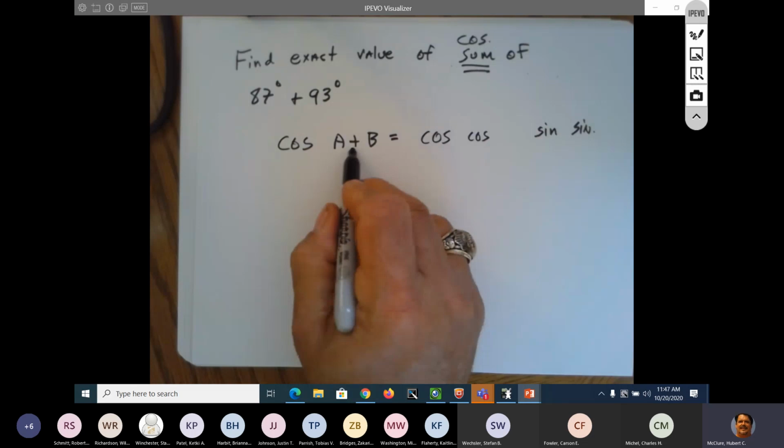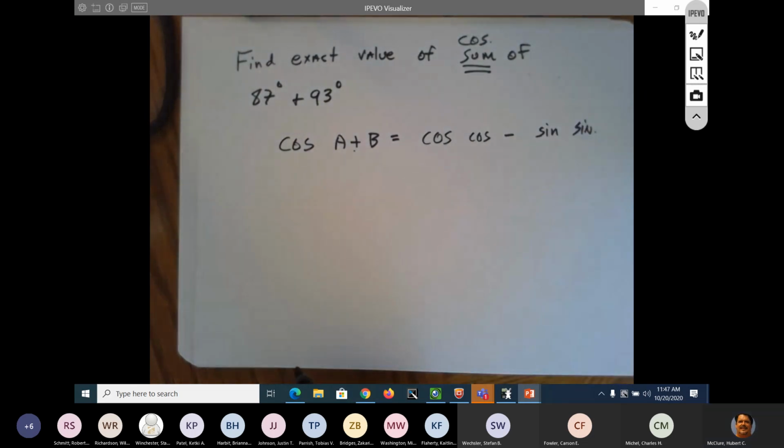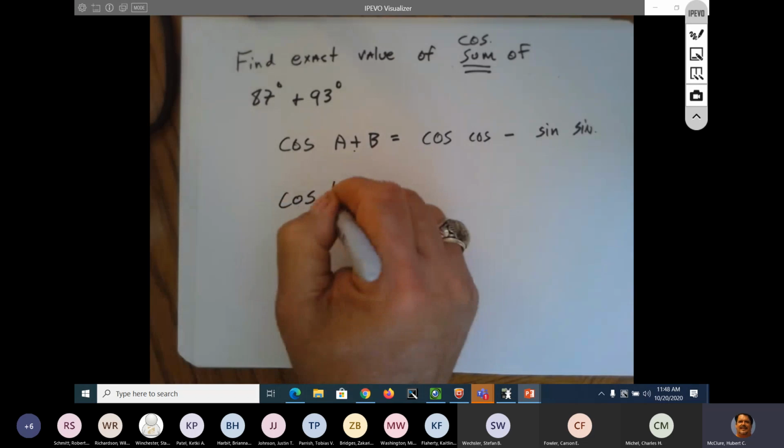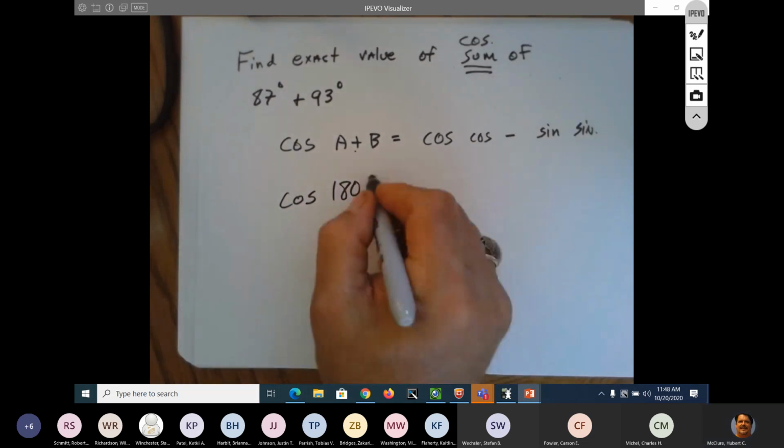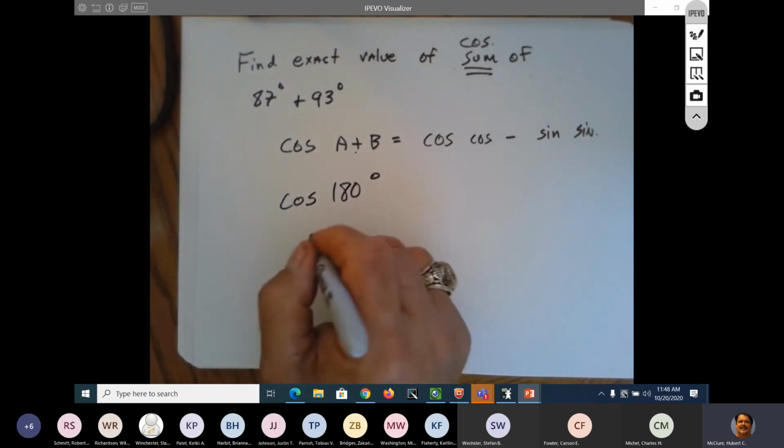And since this is positive, that's going to be a negative. Basically, it comes down to 87 plus 93 is 180, and the cosine of 180 is -1.